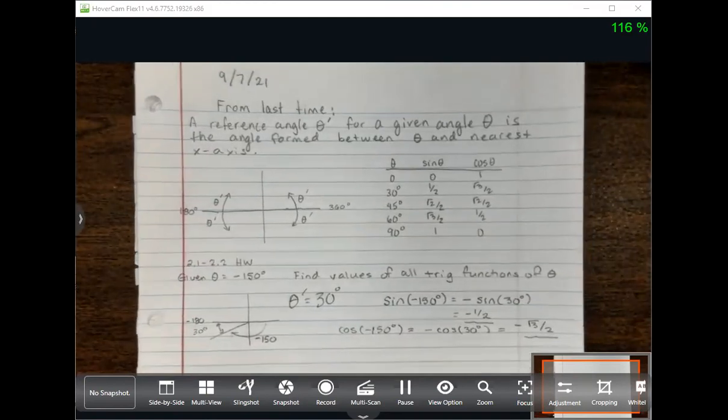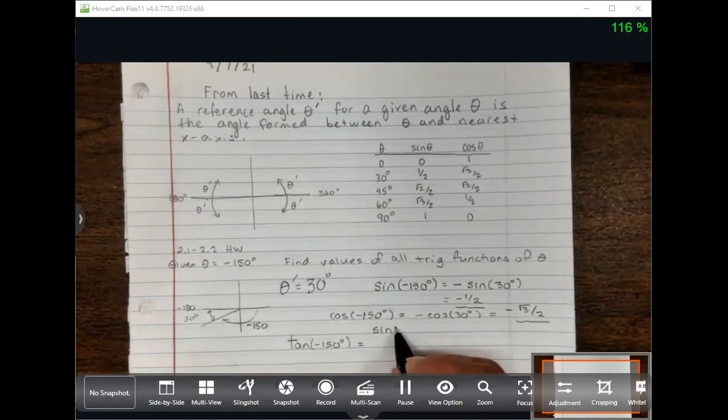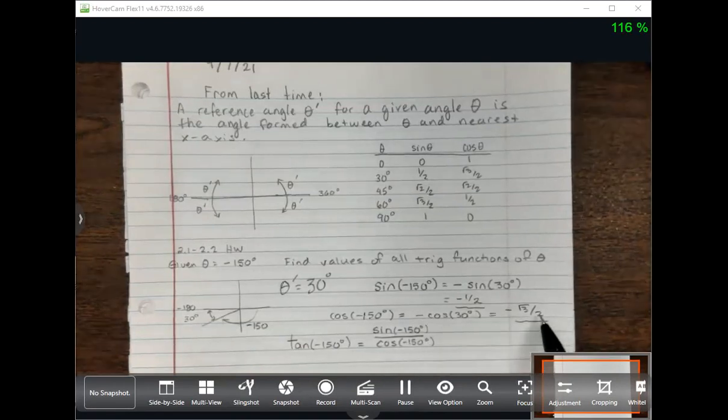To get the tangent of negative 150 degrees, we can use the quotient identity that it's the sine over the cosine. So I take the negative 1/2 and divide it by the negative square root of 3 over 2.